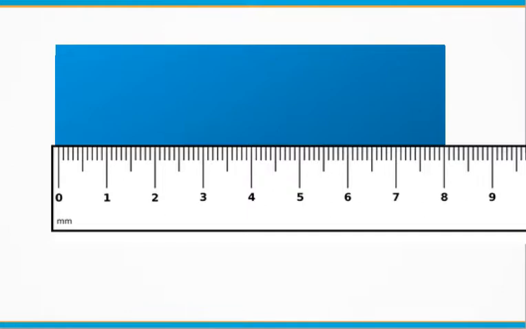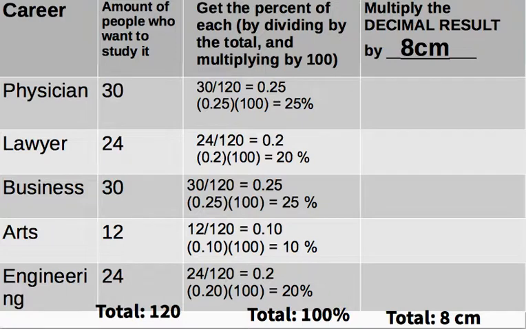Well, what do I do next? I have to use that number, and by the way, that number depends on the problem that you have. Maybe the problem will tell you to draw a rectangle that has 10 centimeters in length, or maybe 5 inches, or whatever the problem gives you, you use that. In my case, I used 8 centimeters, but that could change.